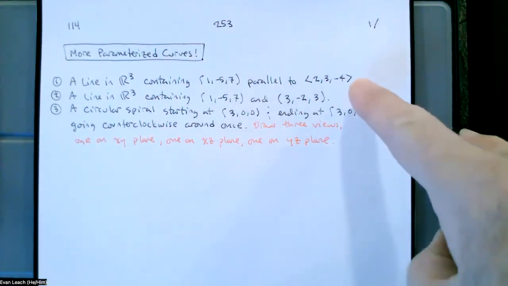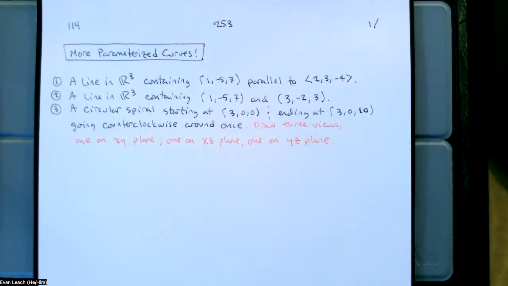I realize that this is not a slope, it's a direction vector. But the slope is just some direction vector in some weird form, where instead of listing a run, comma, rise, since there's only 2 numbers and we're in a 2-dimensional plane, we just make a ratio out of it.